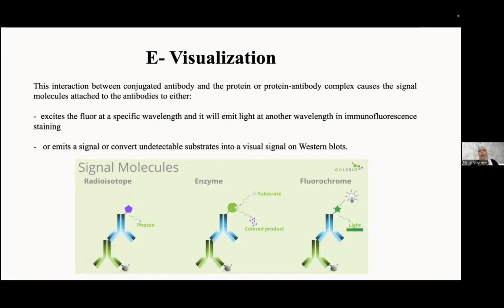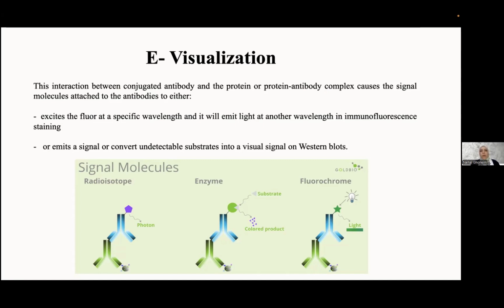Visualization. So we now introduce the primary antibody, either conjugated or non-conjugated, and then we will have the secondary antibody. Regarding incubation of the primary antibodies with the cells, you will follow the recommended protocol for each antibody, but usually it's 1 hour at room temperature or overnight at 4 degrees. Avoid over-incubation of the antibodies with the cells to avoid non-specific binding.